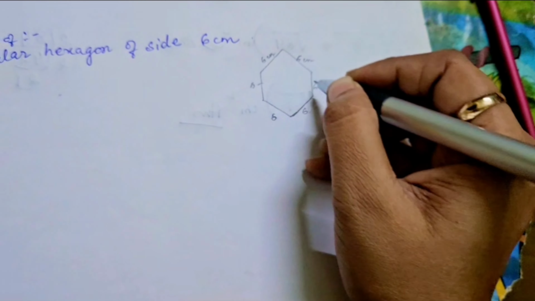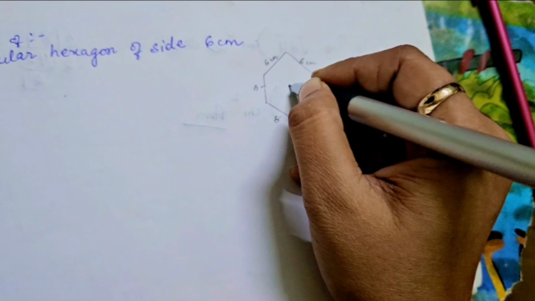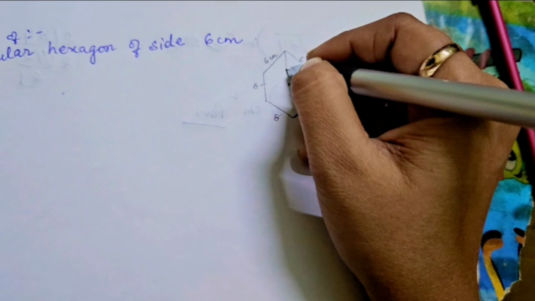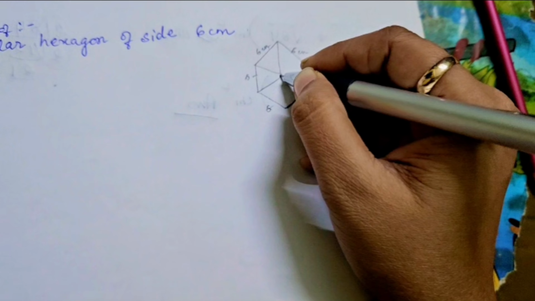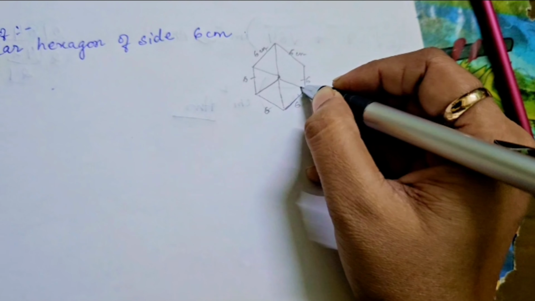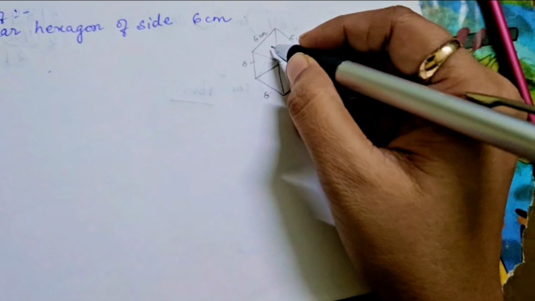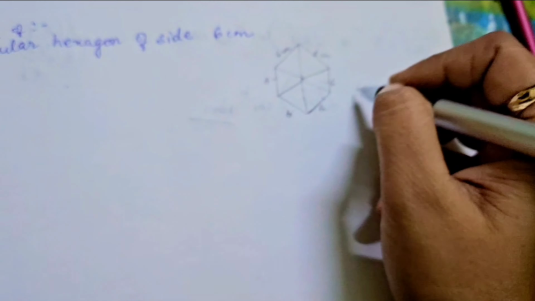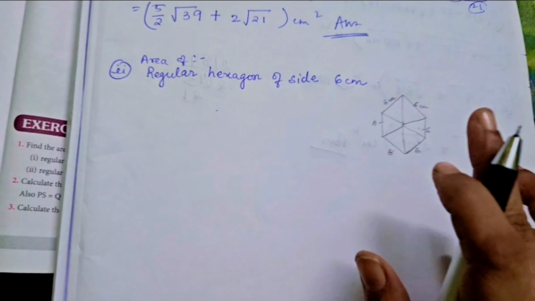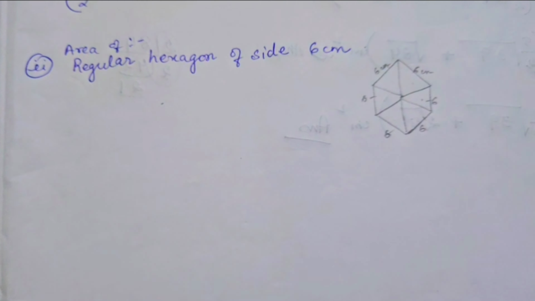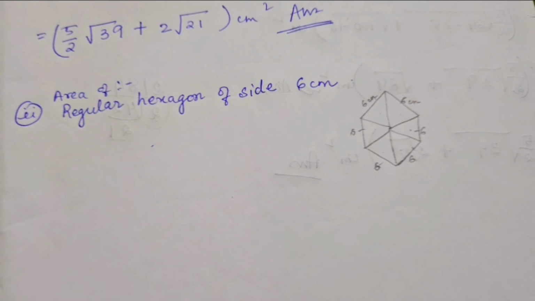All sides are equal. So if we take a middle point and start joining them, we will get 1, 2, 3, 4, 5, 6 equilateral triangles. If we take a midpoint and join it, we get 6 equilateral triangles over here.